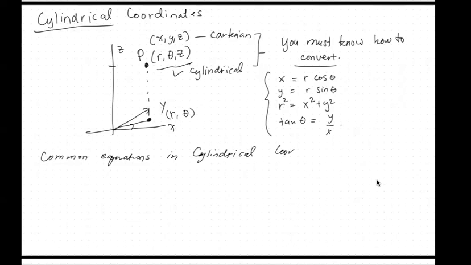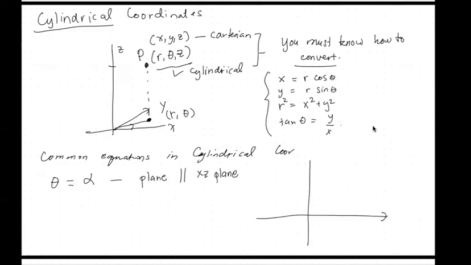So here, for example, theta equal to alpha is a plane parallel to the xz plane. For example, this is your x, y, and z axis. Then your xz plane is just this plane.